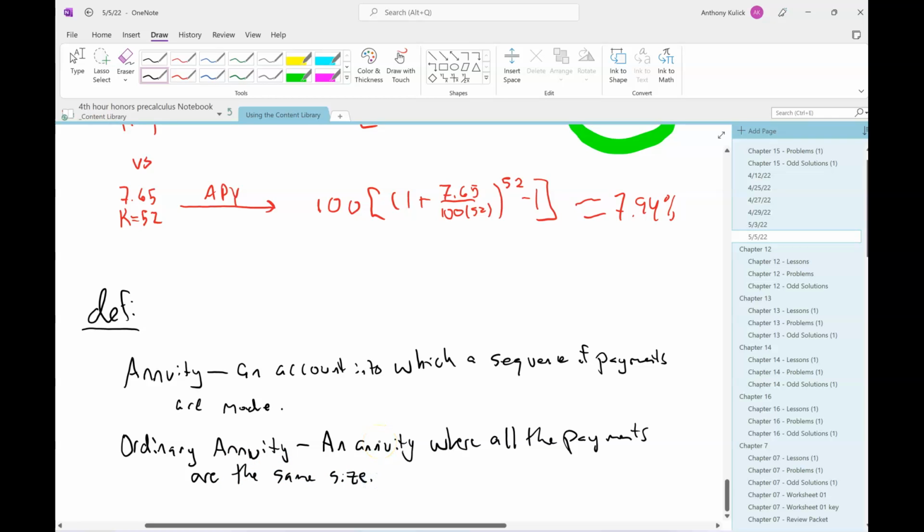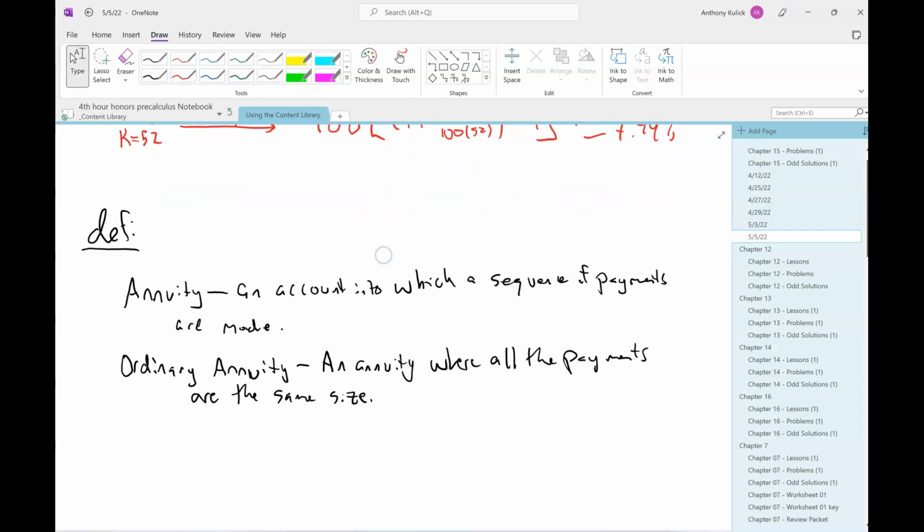So what does that ordinary annuity sound like? What kind of financial things sound like an ordinary annuity? So, all right, kind of like a paycheck. Sure. How about a retirement savings account? If you're saving for retirement, typically you're going to take the same amount of every paycheck and just save it for retirement. What else?